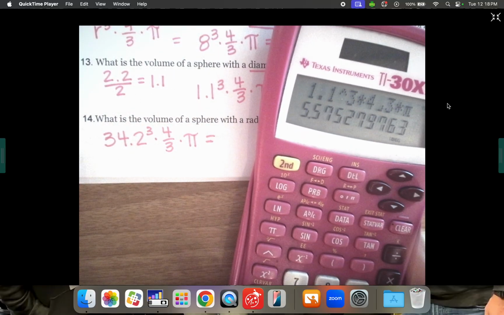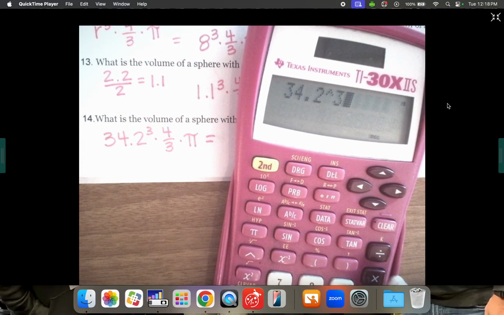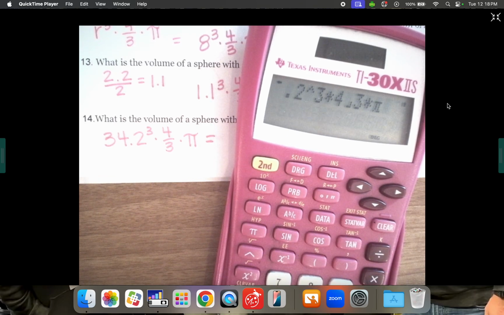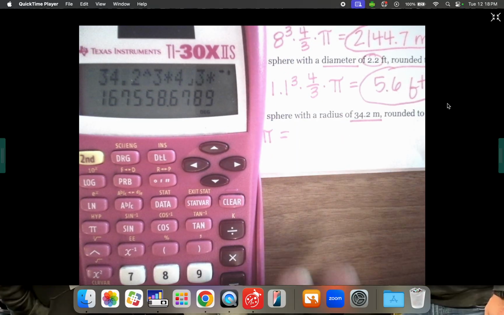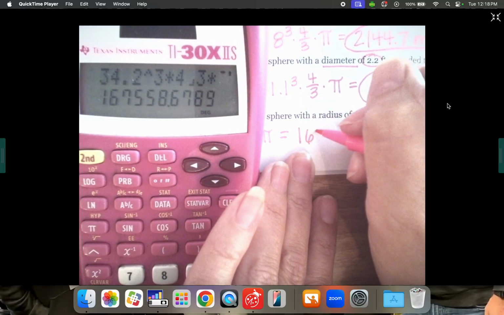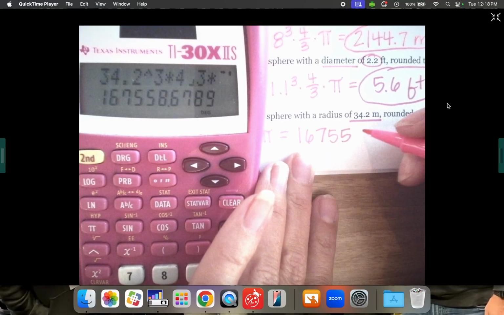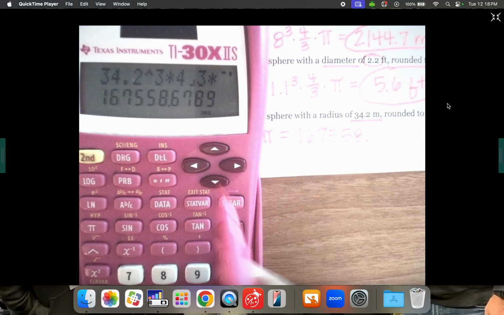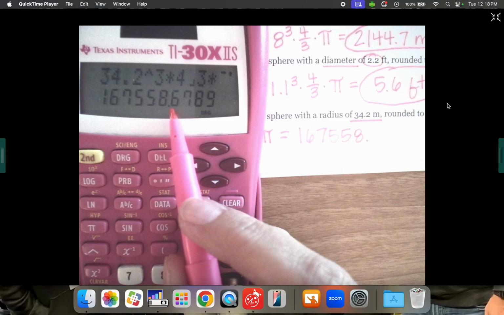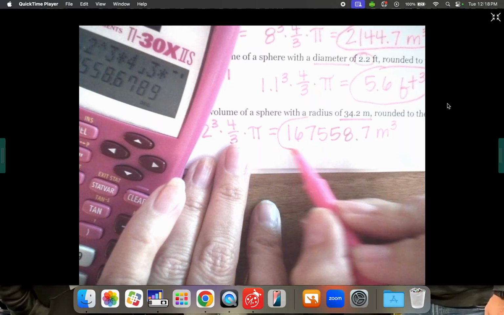All right, so 34.2 to the power of 3 times 4/3 times pi equals a really, really big number: 167,558 point, and that 6 is going to be bumped up, so 0.7 meters cubed.